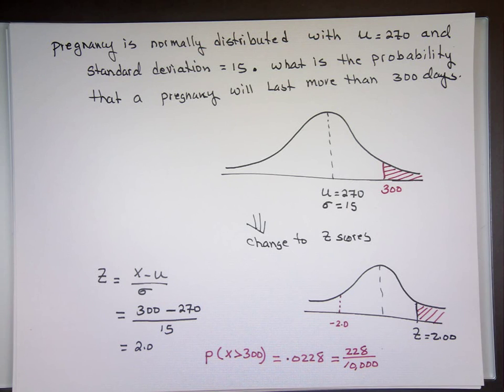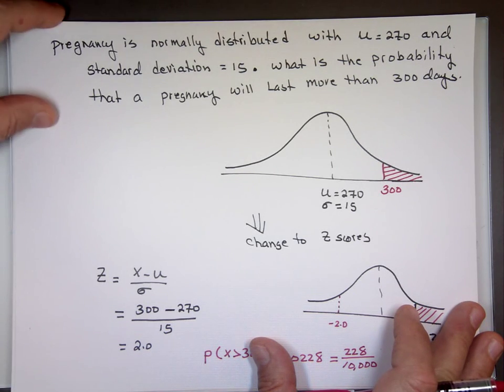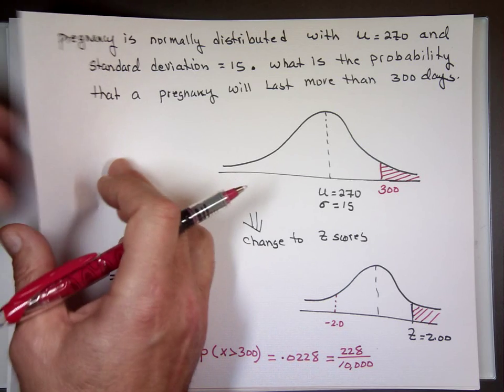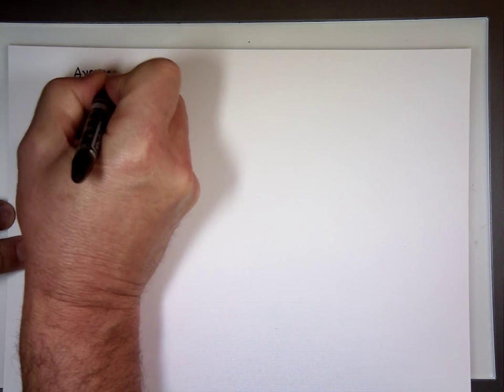So that's how we do these problems. Quick one, another one. I can make a computer one. Let's say, for example, the average life of a computer.